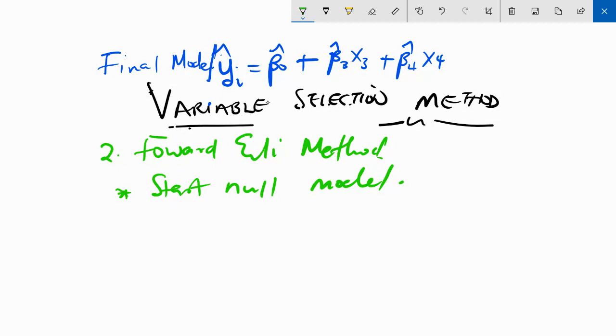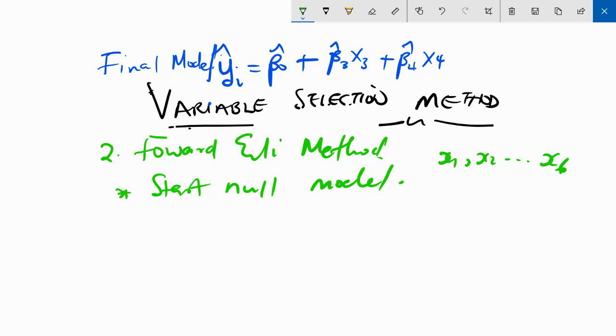So how do we select the first variable? Remember, we have x1 in our case, x2 up to x6. This one is called the forward elimination method. Variables will be entered in the model one after another. So let's say we have y, x1, x2, x3, x4, x5, and x6.